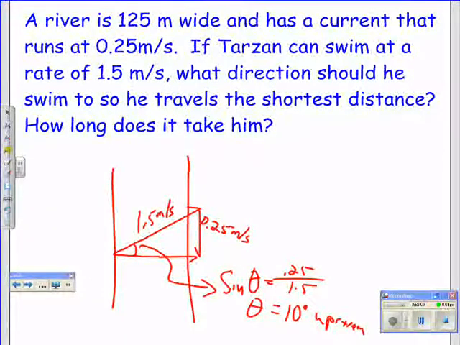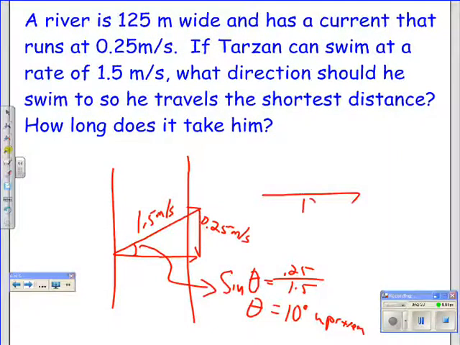How long does it take him? Well, it's 125 meters wide. Does he swim at 1.5 meters per second for 125 meters? No. I've got a totally separate triangle. This is a speed triangle. This has all speeds in it.